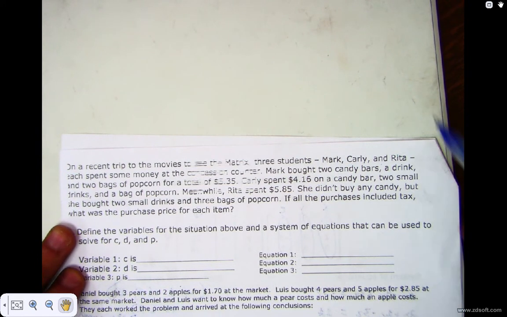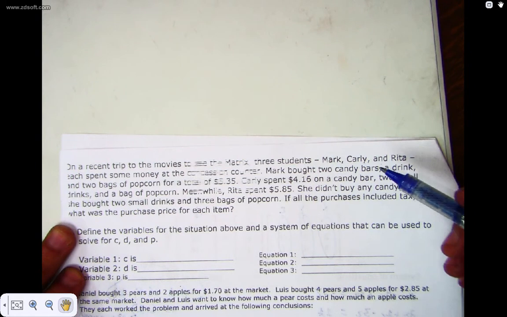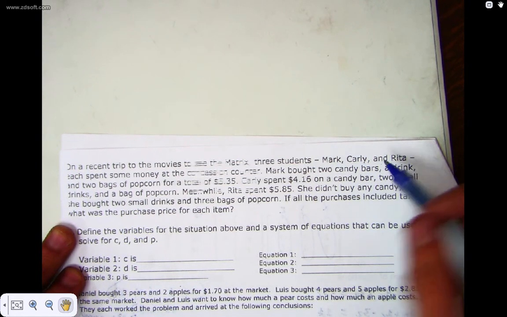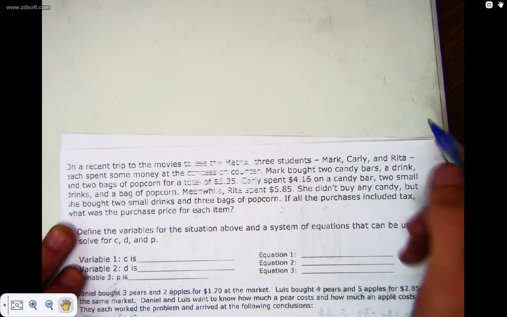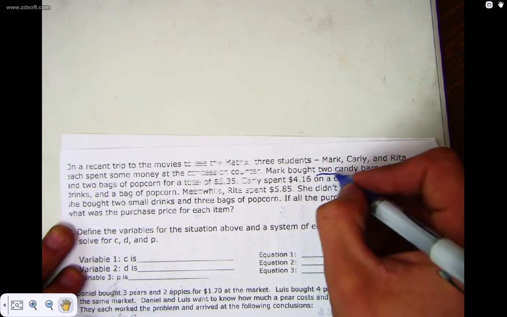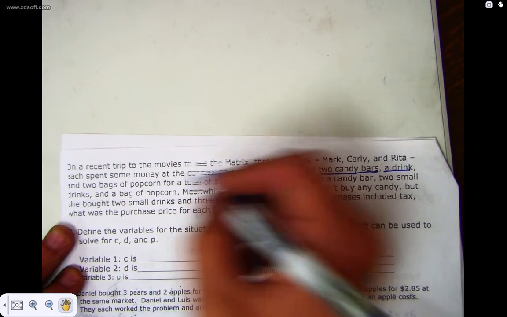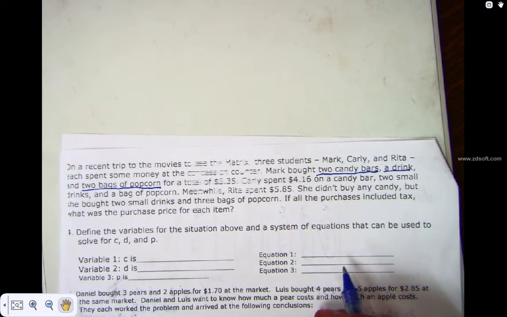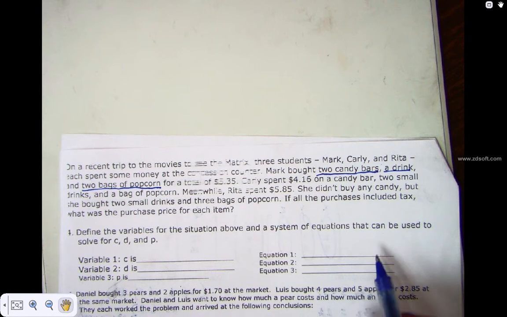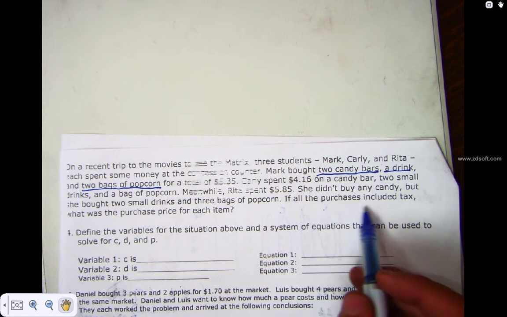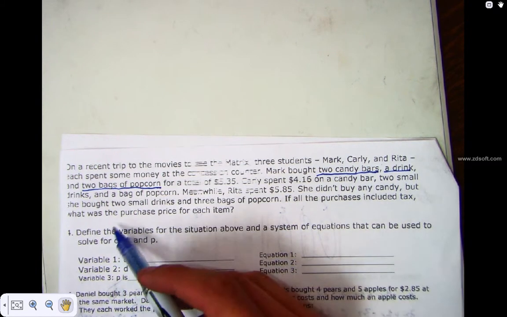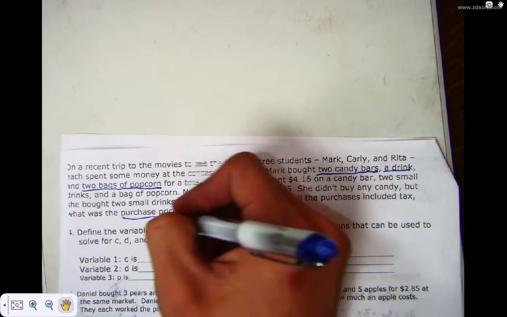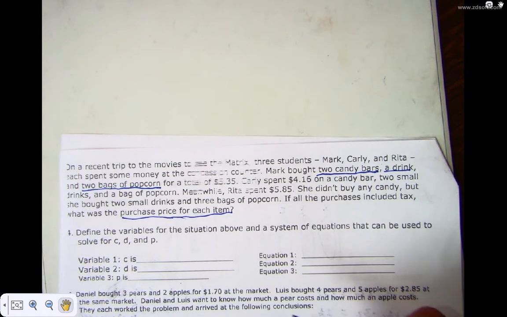Ultimately, you're going to have to define your variables. I'm not going to waste too much time on this, but here are our variables: 2 candy bars, a drink, 2 bags of popcorn. The reason I know those are my variables is what we're looking for is in the question: if all the purchases include tax, what is the purchase price of each item? Purchase price of each item. That's what we're looking for. That's going to be our variables. The purchase price of each item.